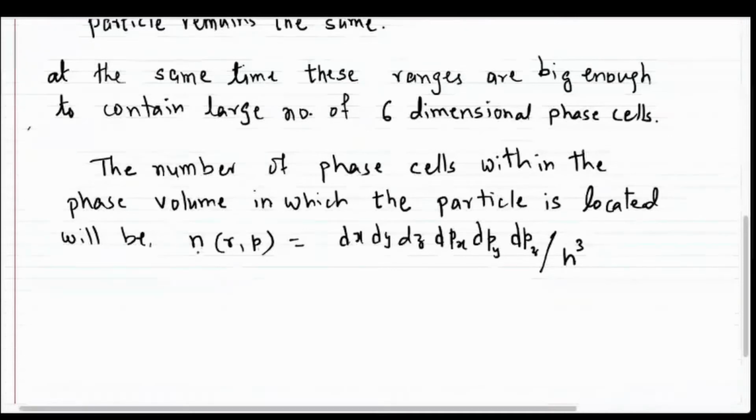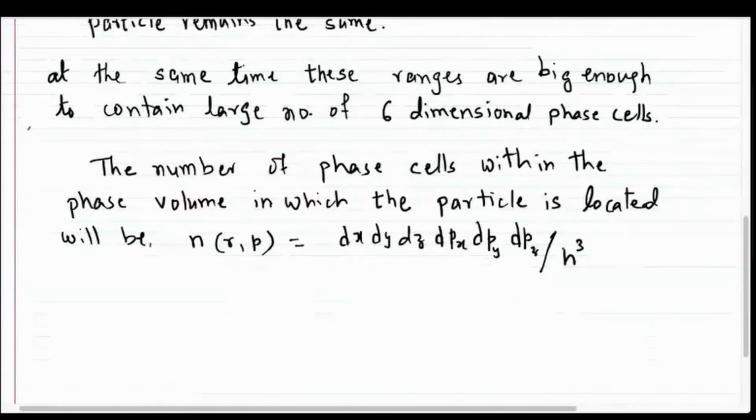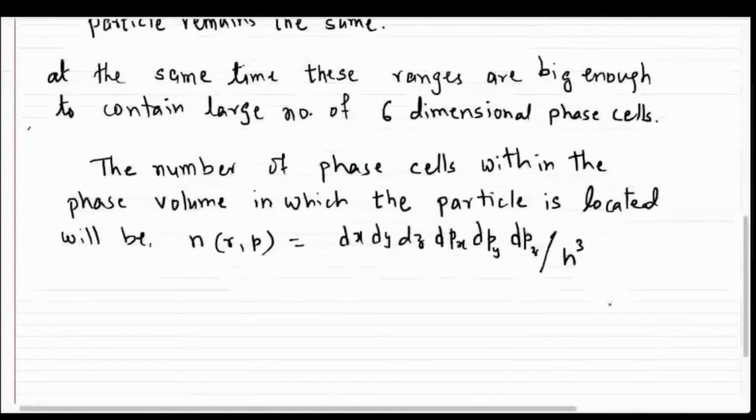And that number of phase cells, that is nothing but that number of microstates, will be given as the total phase volume, which depends on the range of position coordinates and range of momentum coordinates, divided by h cube, because h cube is the volume of a phase cell in the 6-dimensional phase space. Is this much clear to everyone?